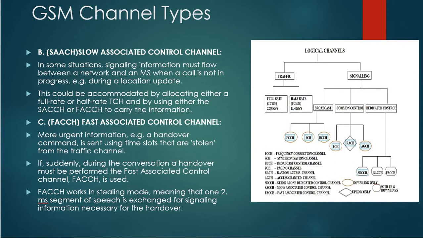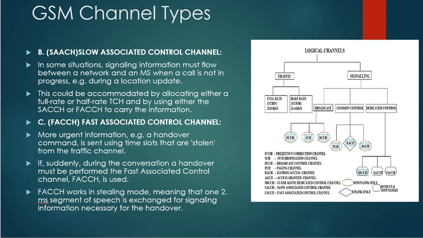Students, if during the conversation a handover must be performed, FACCH is used. If suddenly during the conversation a handover may be performed, so when we are having a conversation with our friends or relatives, then we are in emotions.